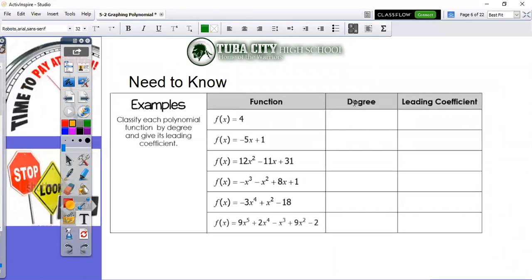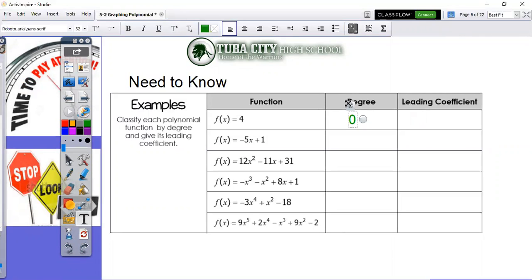So let's talk about classifying these polynomials by degrees. And we're also going to give the leading coefficient. So on this first one here, I have the example of y equals 4, or f of x equals 4. Okay, so what is the degree? The degree is the highest exponent. Well, in this case here, we have x to the 0.